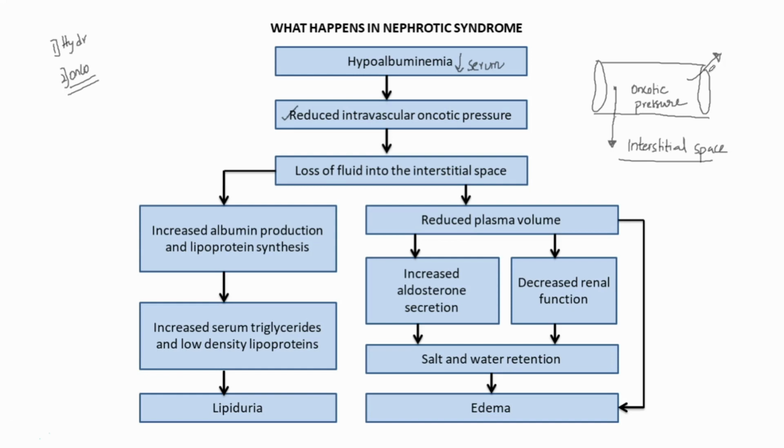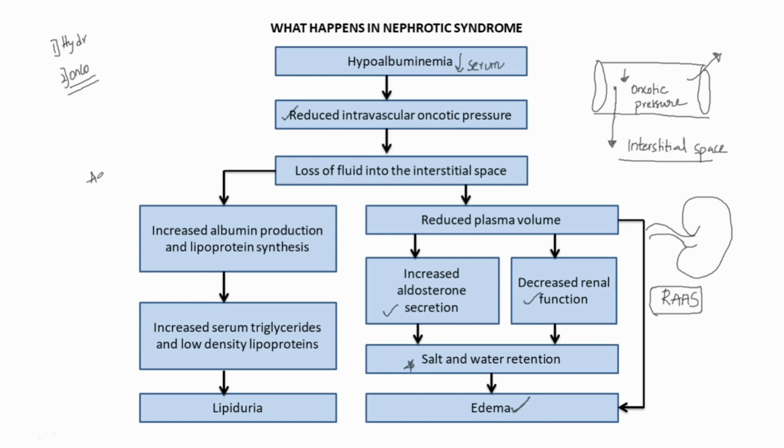Whenever there is reduction in the plasma volume, it is sensed, and the kidneys will start acting. Whenever there is low plasma volume, RAAS, that is the renin angiotensin aldosterone system, gets activated. So there is increased aldosterone secretion and decreased renal function. All this leads to salt and water retention, in turn causing edema.